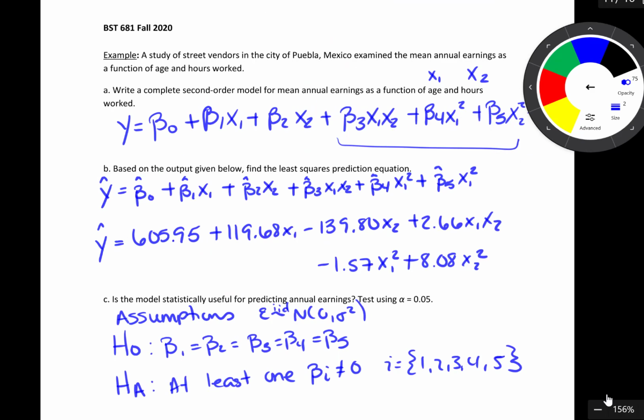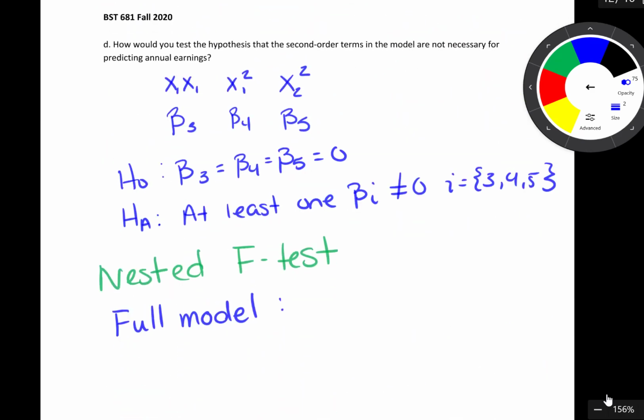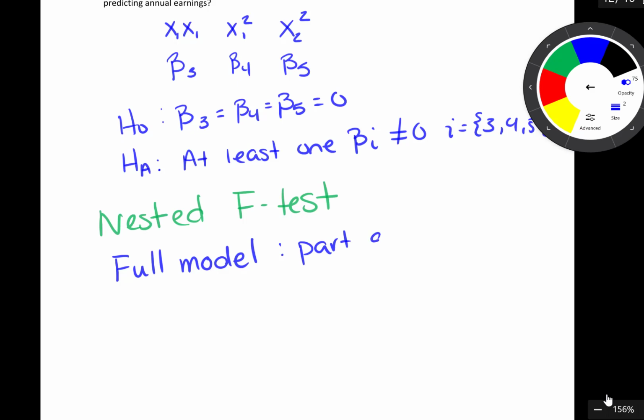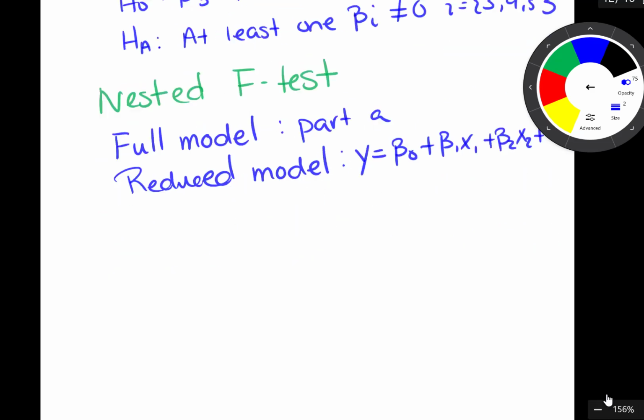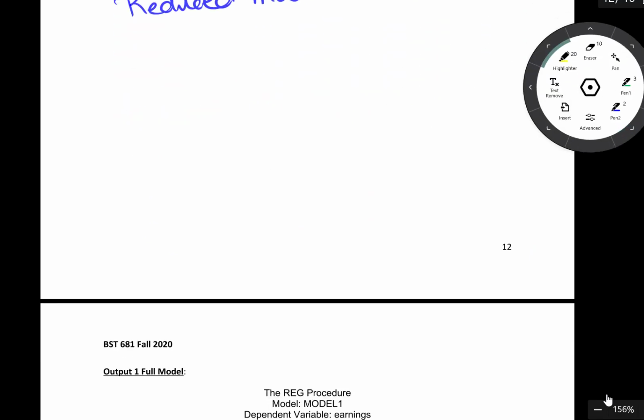Well, that's the model that we have right here in part A. The reduced model, that's going to be the model that just has the following. So we can use that nested f-test from the previous note set to test whether or not we need those second order terms. So let's go down and look at our output here.